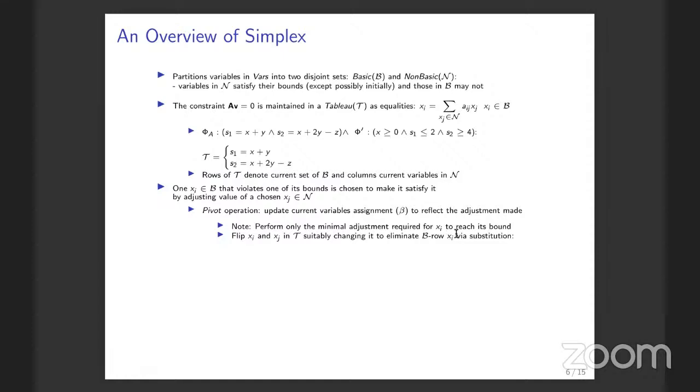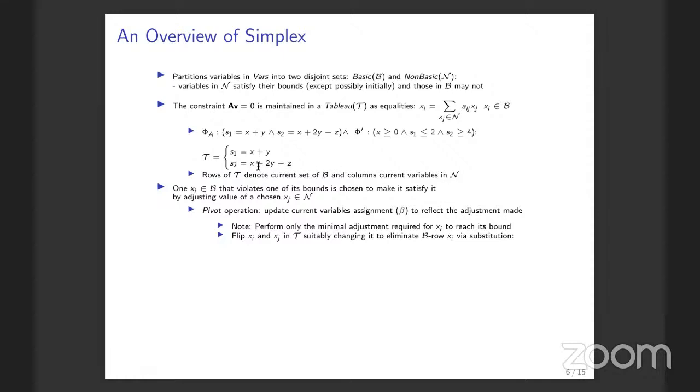It could be violating either the lower bound or the upper bound, and it adjusts the non-basic variable chosen. There could be several different possible variables that you can choose to make the adjustment. It picks one among the possibilities, and adjusts it so that S2, in this case, will reach its violated bound 4.